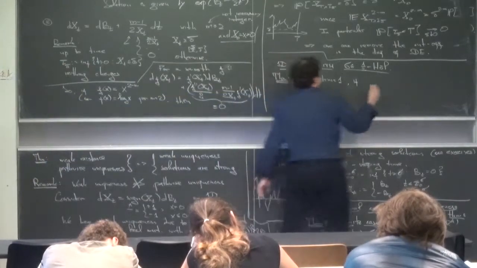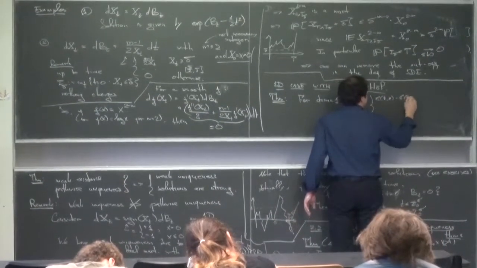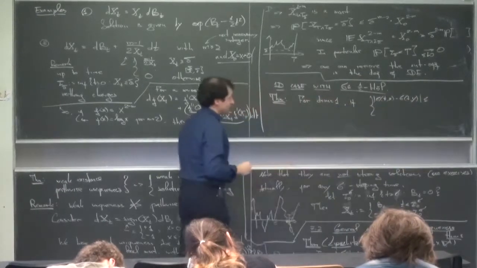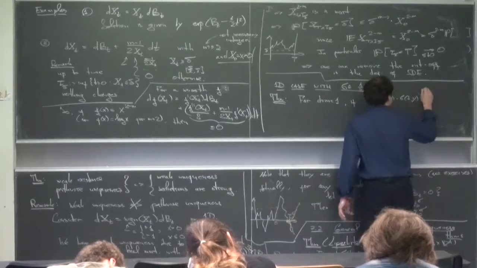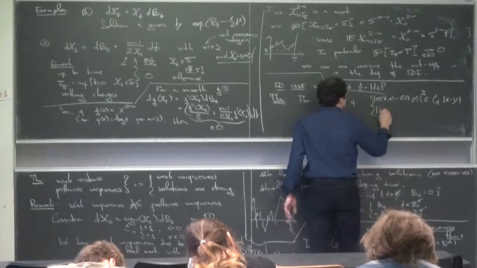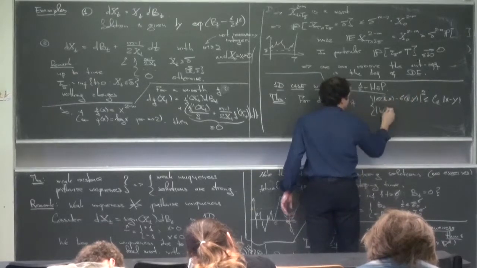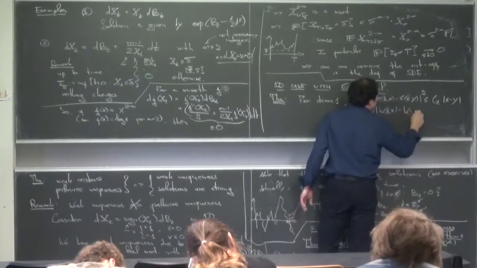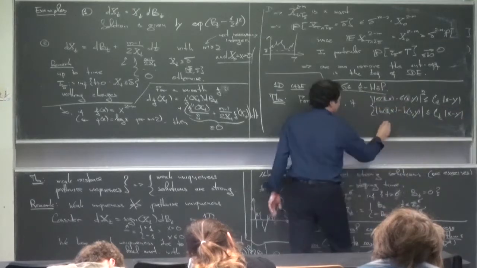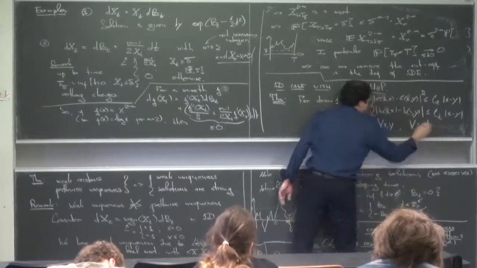So if you know that |sigma_t(x) - sigma_t(y)| is less than some constant times the square root of |x - y|, and the drift b_s(x) - b_s(y) is still Lipschitz, and this is for any x, y and for any s less than t.